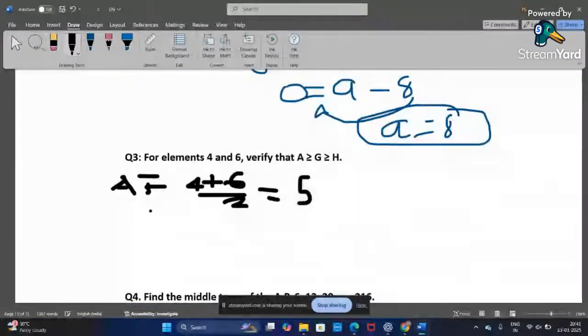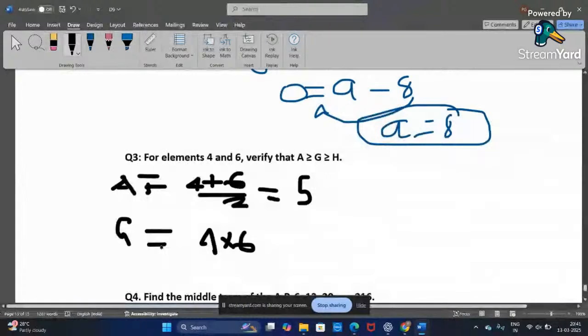Okay. For geometric mean, how to find out? 4 into 6. Directly 4 into 6, or how do we have to do it? This is not 4 into 6 directly. You have to put root. Root 24.